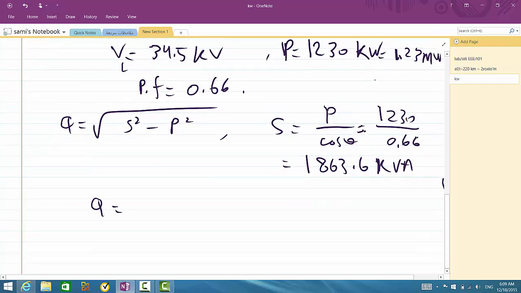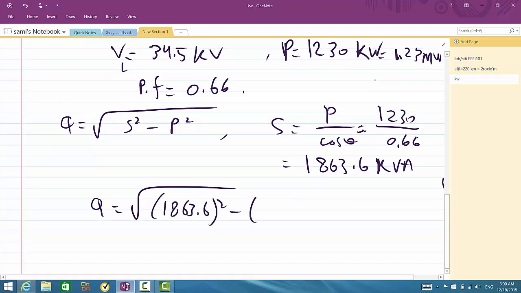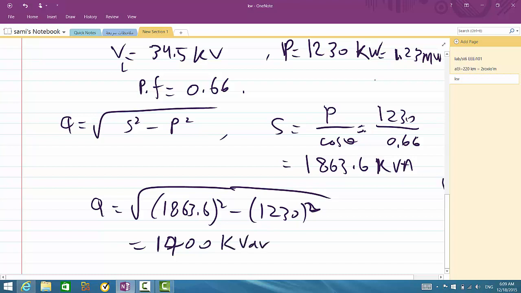The reactive power will equal the square root of 1863.6 squared minus 1230 squared, and this will give me about 1400 kilovar. This is for A in the question.